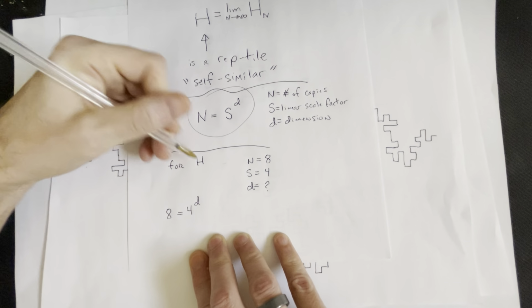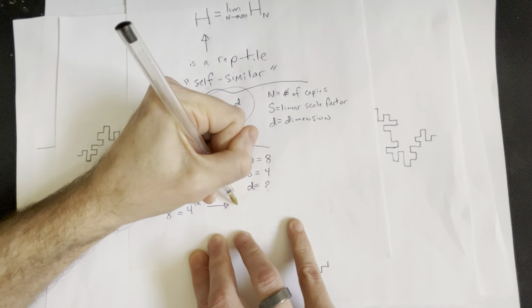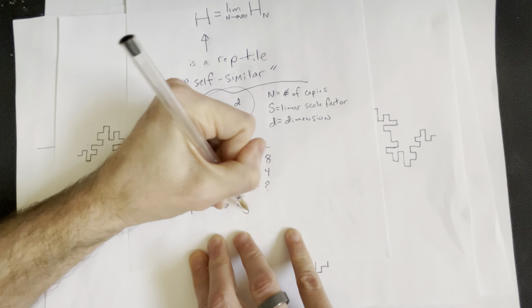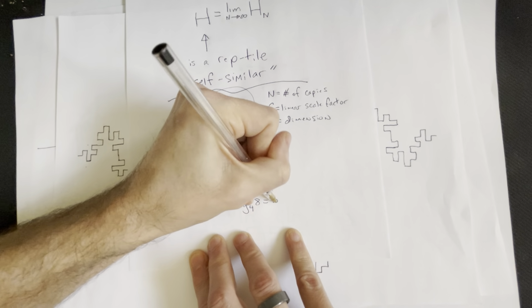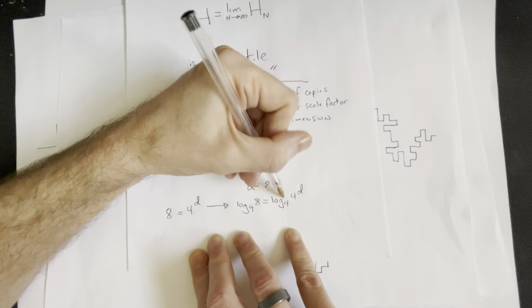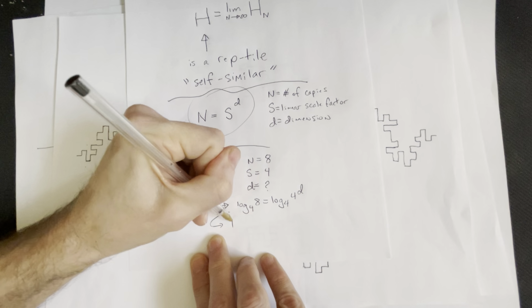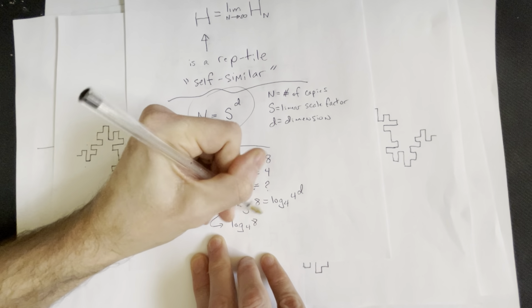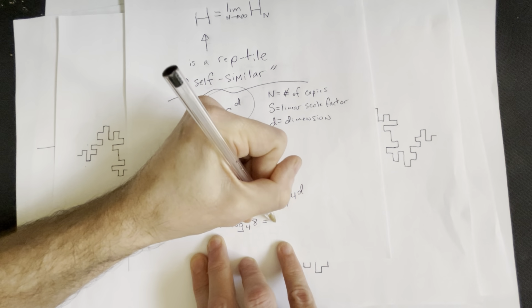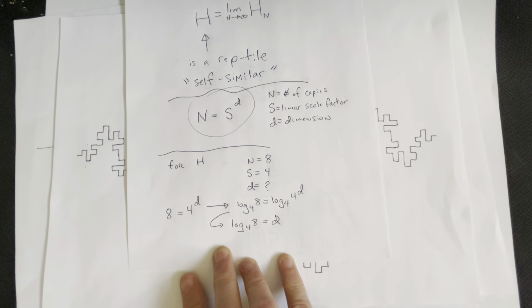Okay, if we want to solve this, well, we use logs. And let's take the log base 4 of each side. Of course, the reason we take the log base 4 is because this thing all becomes D. So this gives us log base 4 of 8 equals D. And now, let's see if we can figure out what is the log base 4 of 8.